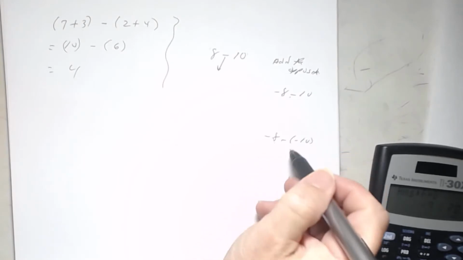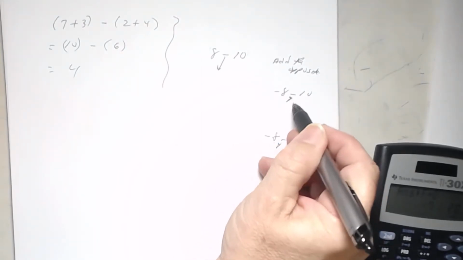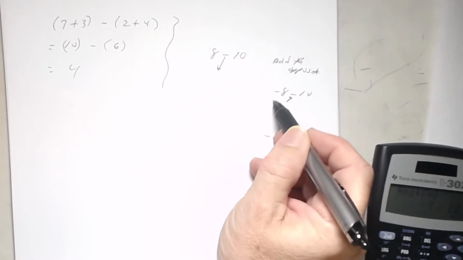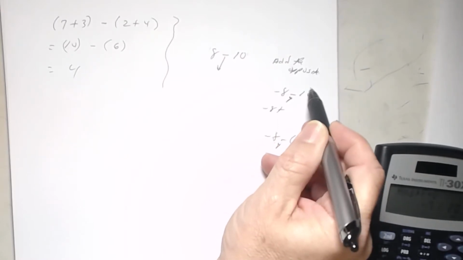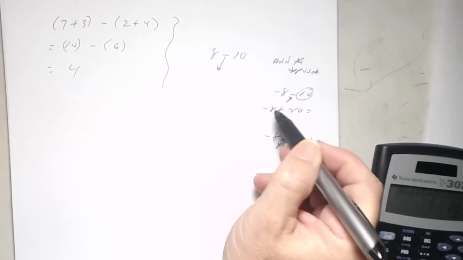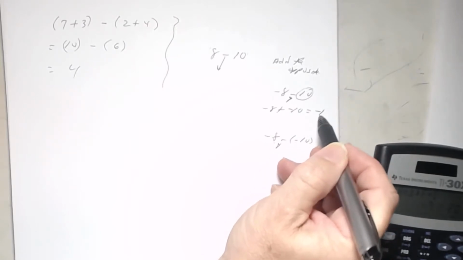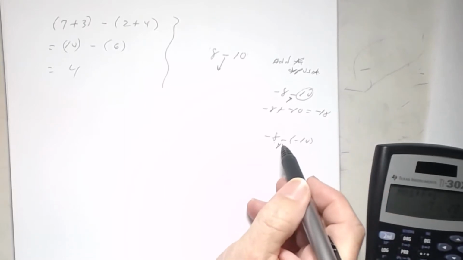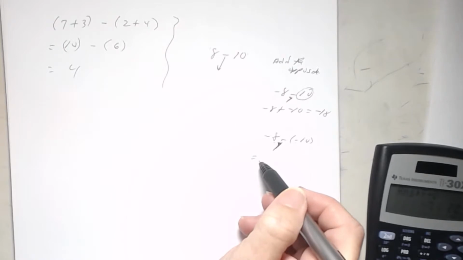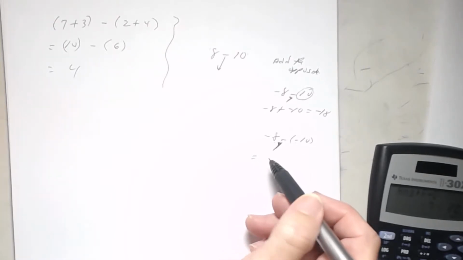And so when you did things like these in a previous course, you changed this to an addition problem. So remember, you add the opposite. So you'd say negative 8 plus the opposite of a positive 10, which is a what? Negative 10. And so what's negative 8 and negative 10? Negative 18. Here you said, all right, I'm subtracting, so I'm going to change it to an addition problem. Now that's going to be important with what we're about to do.